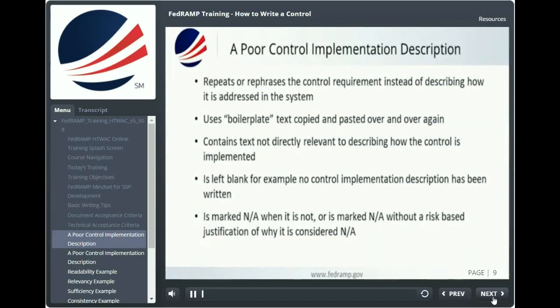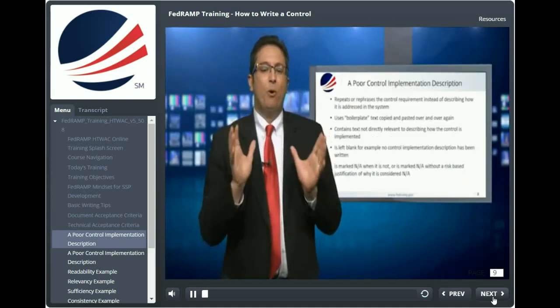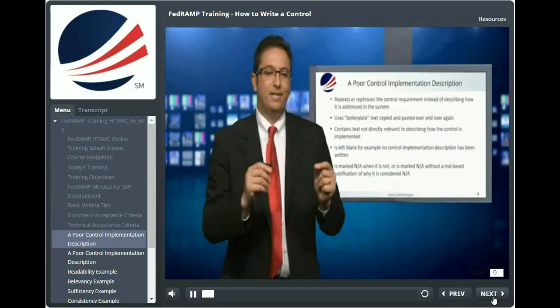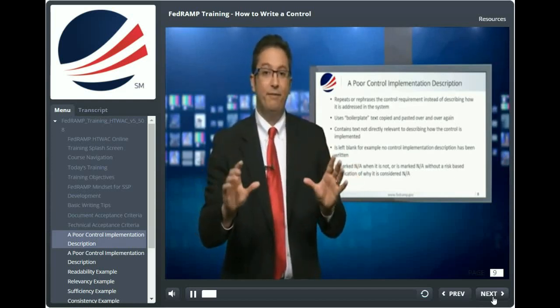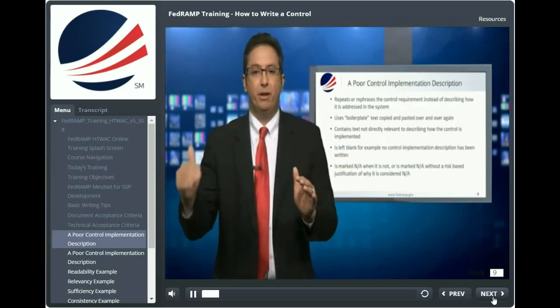All right, so now it's time to write the SSP. Let's talk about poor implementation descriptions, and then we'll talk about the good ones. Poor implementation descriptions repeat or rephrase the control requirement instead of addressing the requirement. As I said before, you can use the line in to repeat. That's okay if you say XYZ system conducts account reviews monthly.